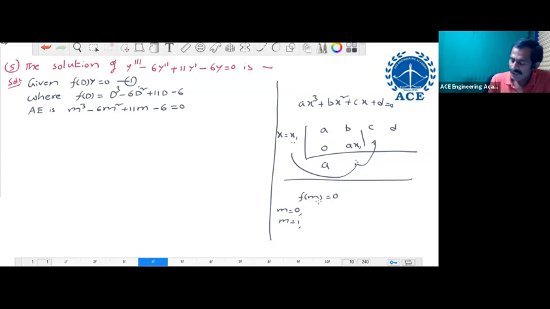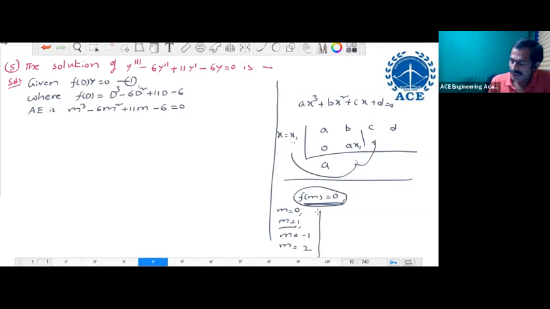If f(1) is 0, then we take this as one of the roots. If it doesn't satisfy, then we take m = -1. If f(-1) = 0, then m = -1 is one of the roots. Suppose f(-1) is not equal to 0, then we go to the next value, m = 2. By substituting m = 0, 1, 2, 3, -1, -2, -3, we check whether this equation is satisfied or not. If the equation is satisfied with any value of m, we stop there and take that value as one of the roots of the equation.